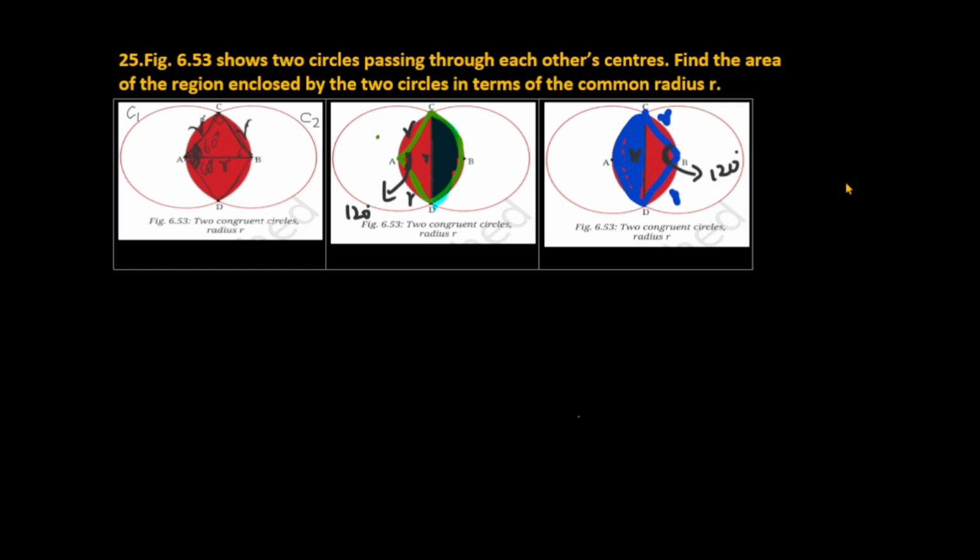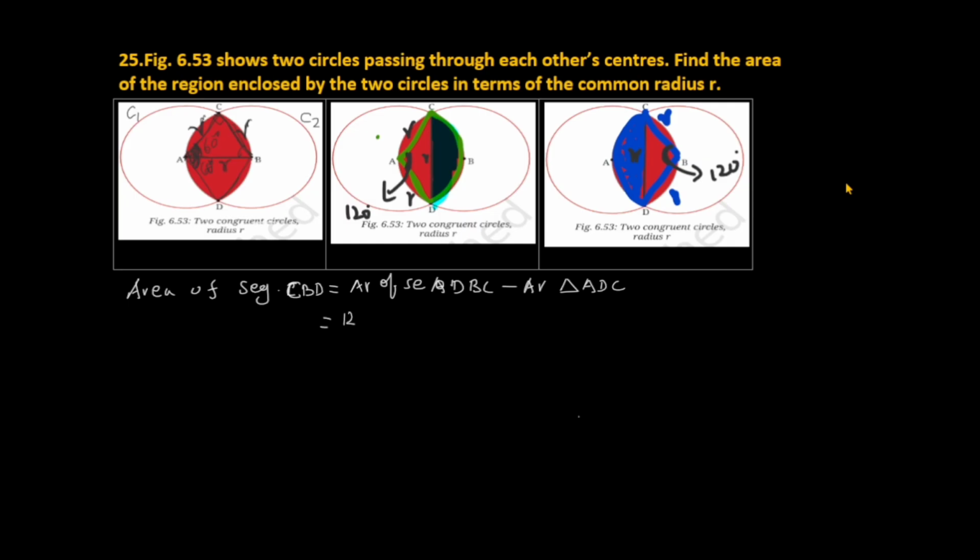Now the area of segment DCBD is equal to the area of the corresponding sector minus the area of triangle ADC.